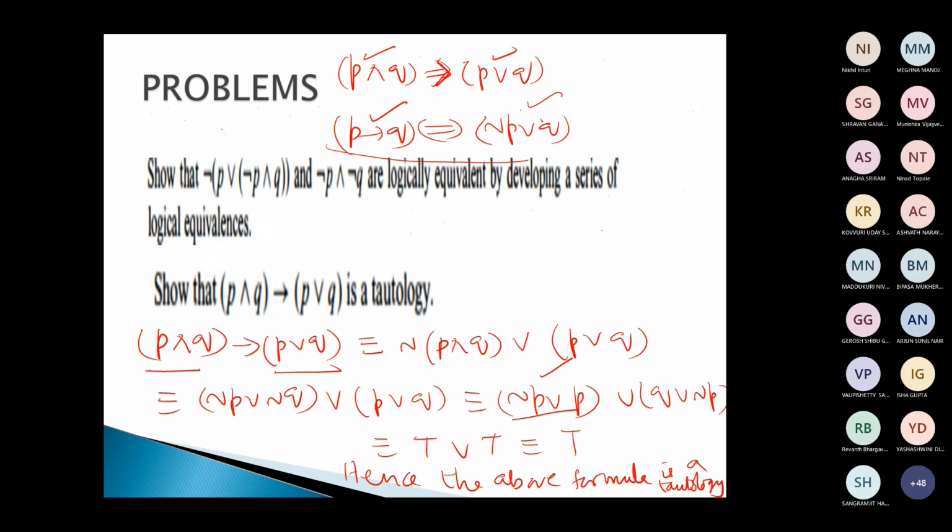This one. Which step? How did you convert that LHS to the right hand side? Which law did you use, ma'am? From here to here, you are asking, correct? The second step. Yes, ma'am. De Morgan's law.